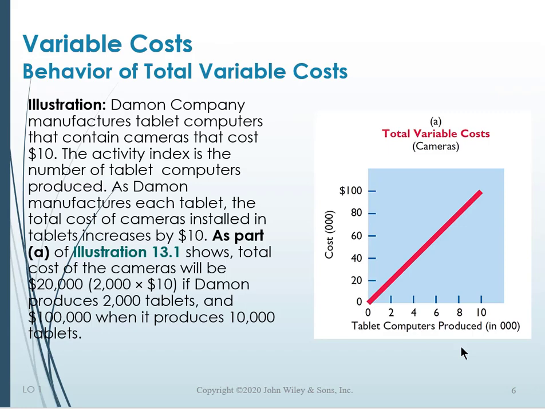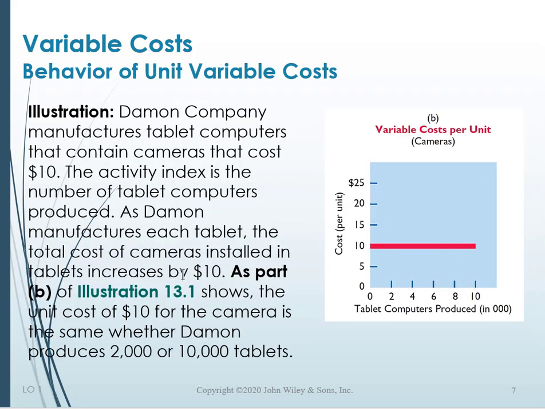So if you look at total variable costs, as it shows here, as you produce more units, the total cost increases. So at 2,000 units, it costs $20,000. At 10,000 units, it costs $100,000. So the total cost changes. But what doesn't change is the cost per unit, right?